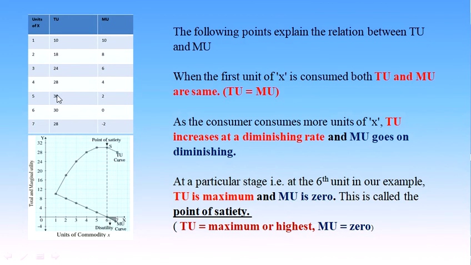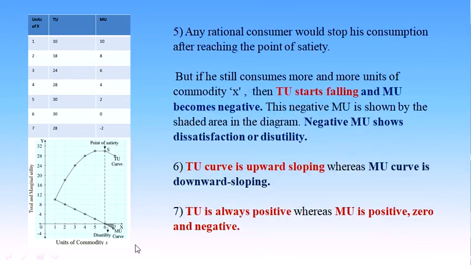So the point over here is, when TU is maximum, at that point marginal utility will be zero. This is called the point of satiety. Point of satiety is the highest level of satisfaction that any consumer can achieve. So at this point TU is highest and MU is zero.